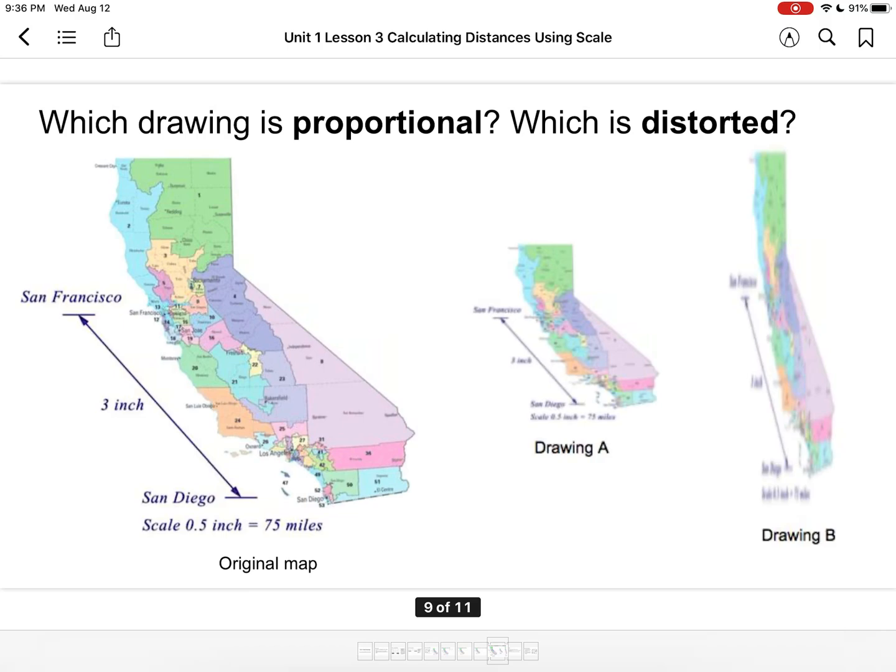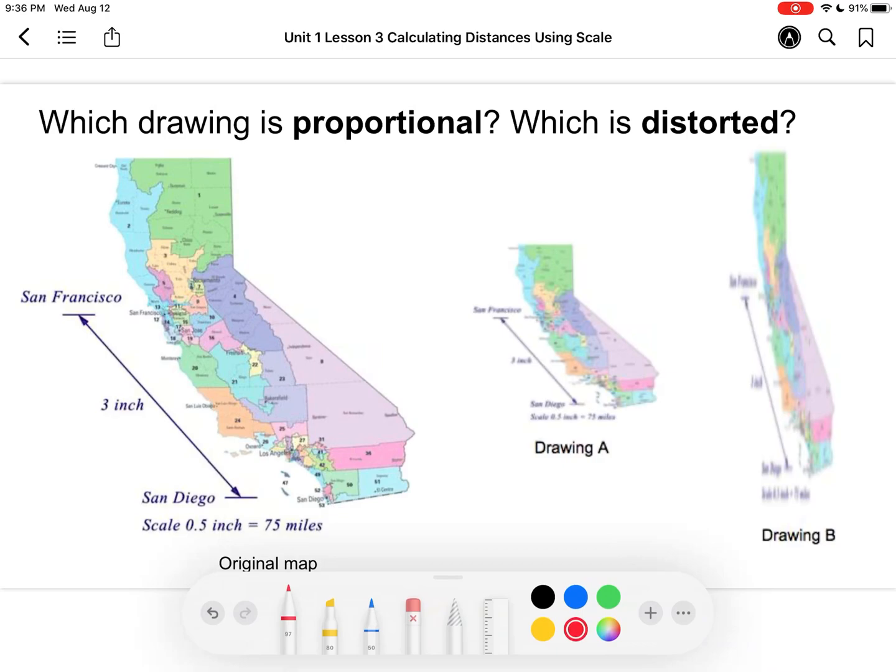So here, let's look at these drawings A and B, as supposed to represent the original map, which is proportional. So one of them is made smaller all round, and that's drawing A. It is shorter and it's also narrower. I would estimate that a scale factor of about 1/2 was used to draw this, but it looks proportional all round.